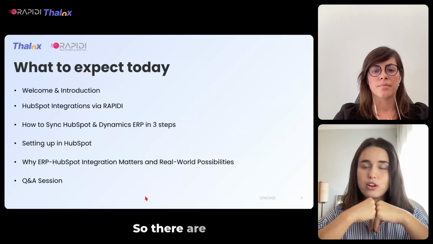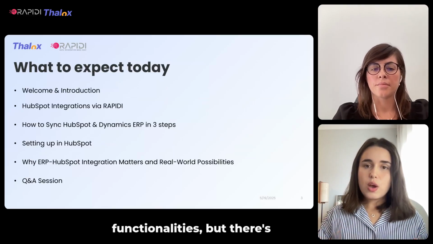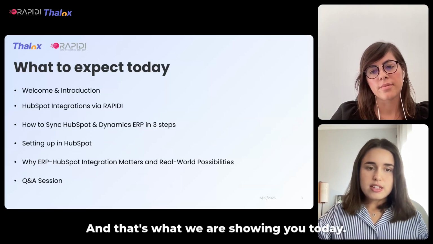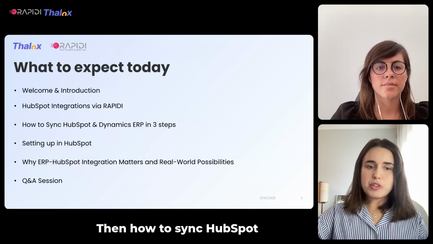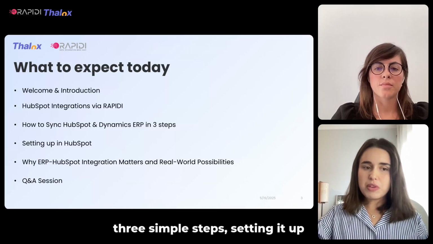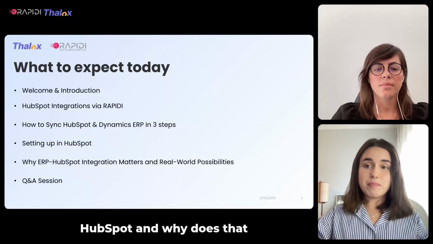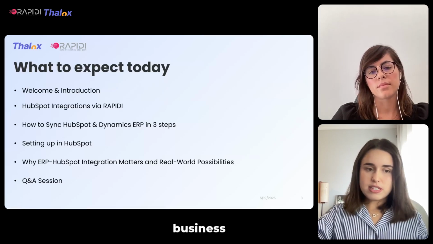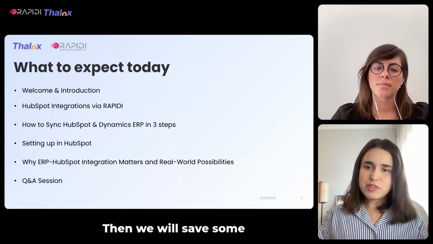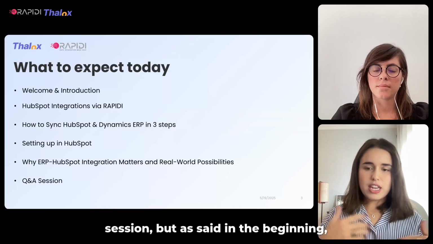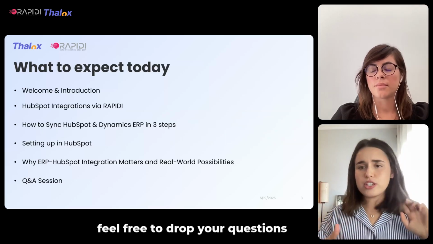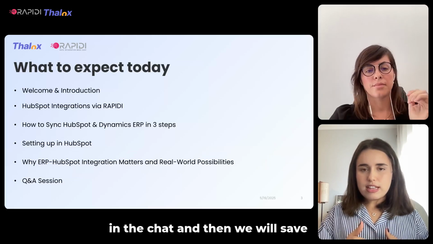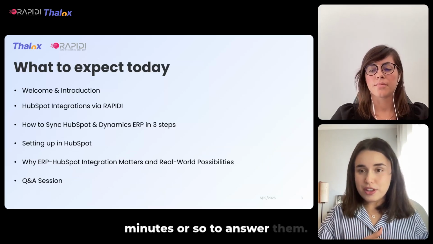There are some standard functionalities, but there are ways to improve that, and that's what we are showing you today. Then we will cover how to sync HubSpot and Dynamics in 3 simple steps, setting it up in HubSpot, why that matters, and what impact it will have on your specific business case. Then we will save some time for a Q&A session. As I said in the beginning, feel free to drop your questions in the chat, and we will save 10 minutes or so to answer them.